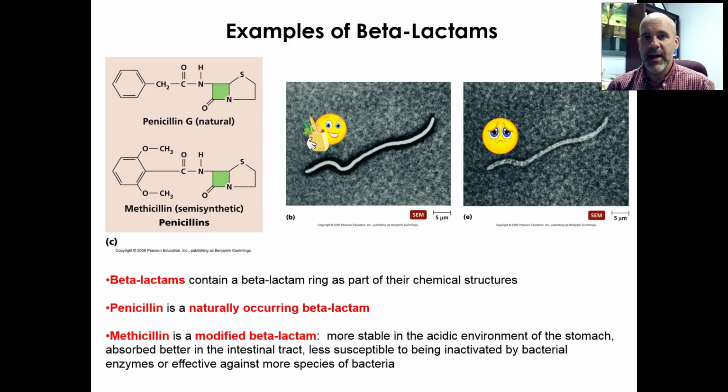Typically, if you had an infection with Staphylococcus aureus, you were prescribed methicillin to combat it. However, because methicillin has been so widely used, there's a strain of Staphylococcus aureus now called MRSA that's resistant to methicillin. Methicillin doesn't work on it anymore. And our drug arsenal is pretty limited for that organism.